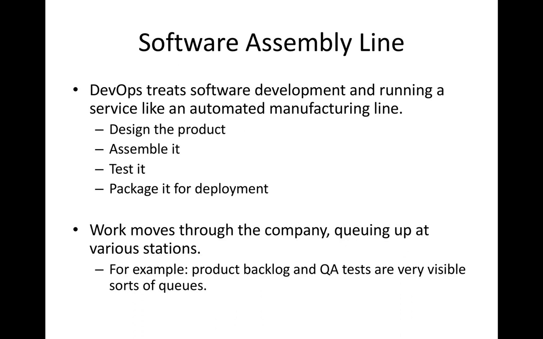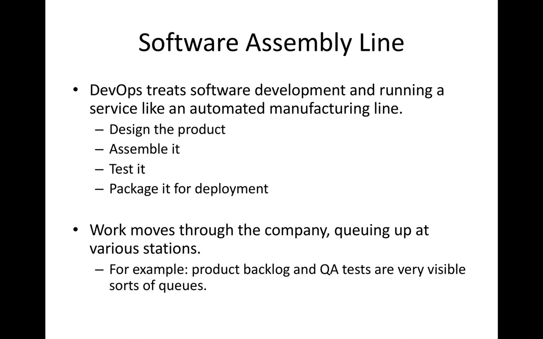We might have code that is stuck in a testing stage where our software quality assurance team is either manually or automatically testing our code. So our code is moving through our development organization, and it's queuing up in different parts of our organization, very much like products moving through a manufacturing plant.